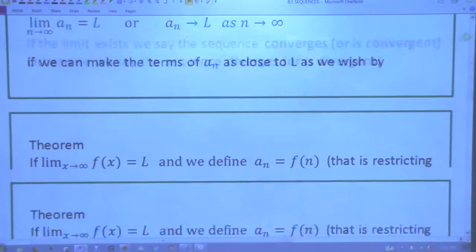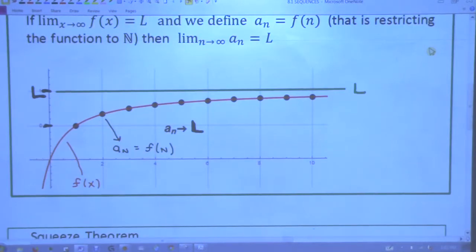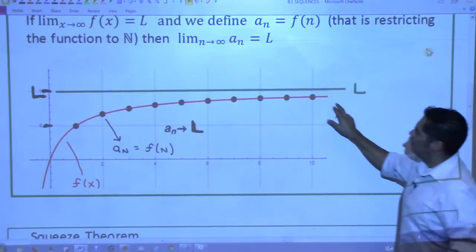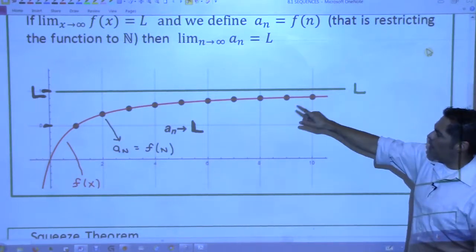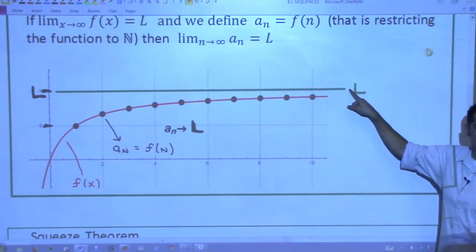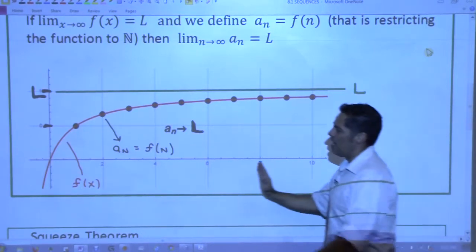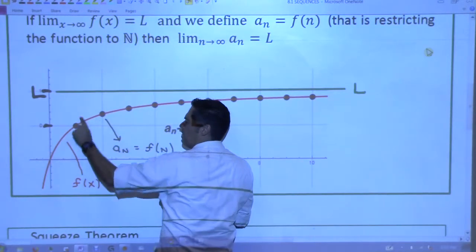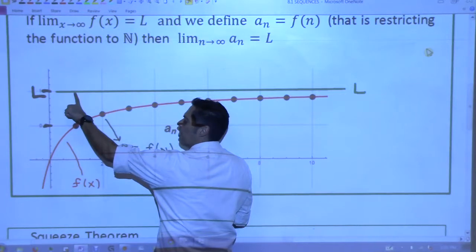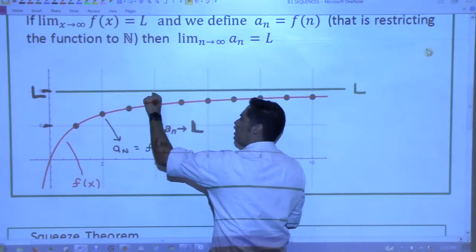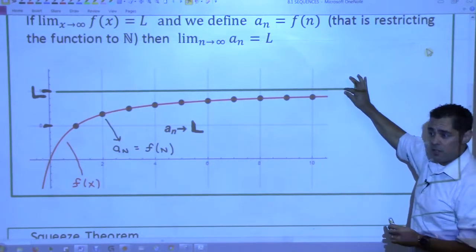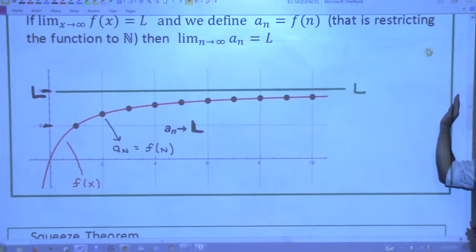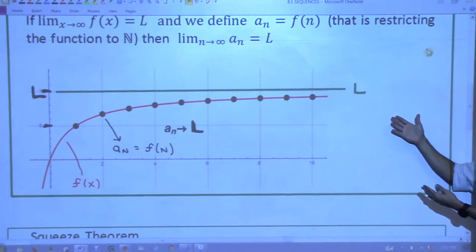There we go. Let's ignore the red for now. Let's say that this sequence of black dots approaches L. The distance between the first point and L is pretty big, but as we go down, it's getting closer and closer. And we can get it as close as we ever want to L by going far enough out. Visually, I think it's pretty easy to see the idea.